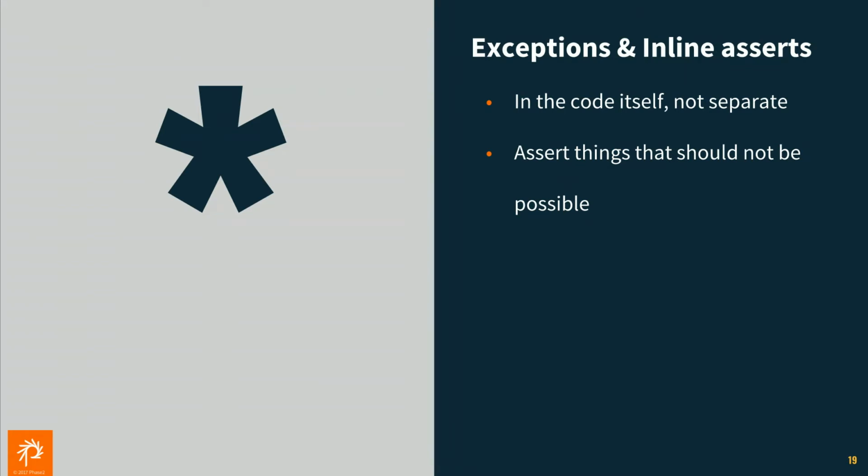Now there are 2 other types that I mentioned here that are not quite tests, but they're really good for code quality. Exceptions: if you get something you don't expect, throw an exception. And inline asserts are similar to exceptions, but they don't run on production, because you generally configure PHP to not check them, so they don't hinder performance.